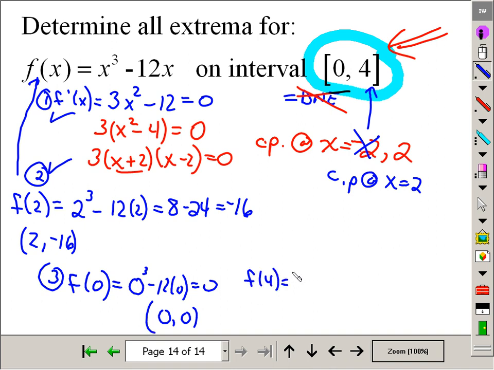And then my other endpoint is f of 4, which will be 4 cubed minus 12 times 4. 4 cubed is 64 minus 48, which would be 16. Took me a moment. So this point is 4, comma 16.